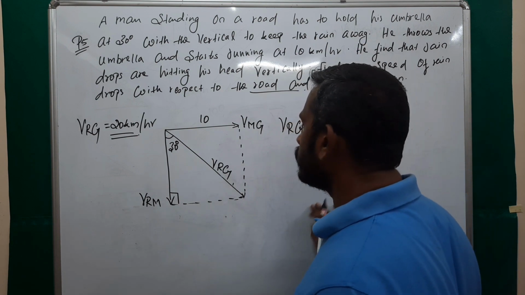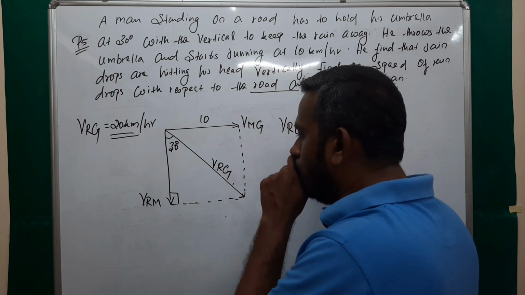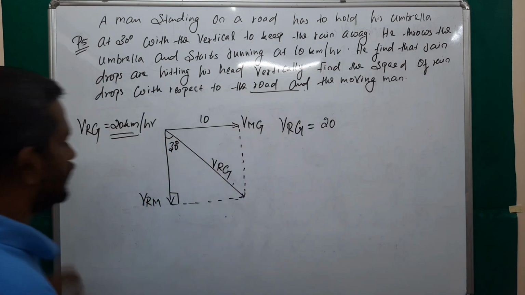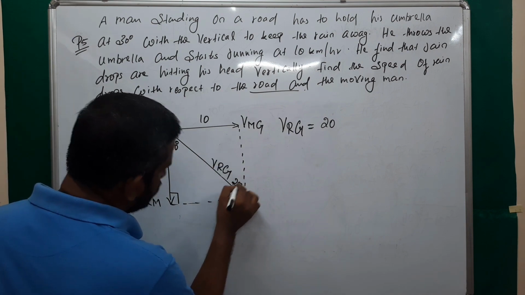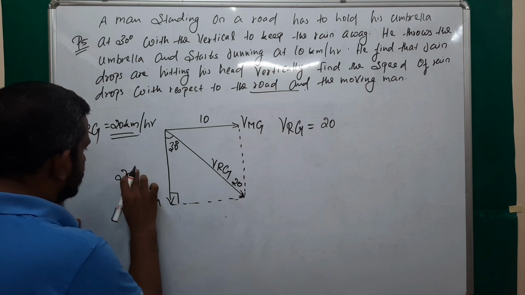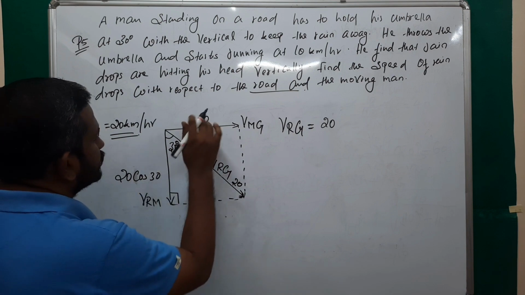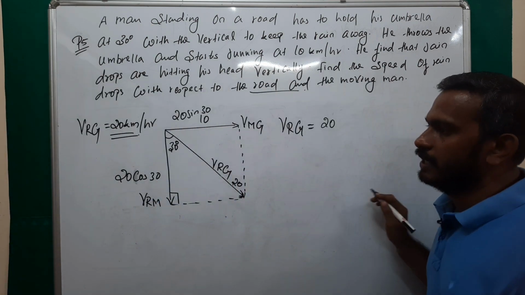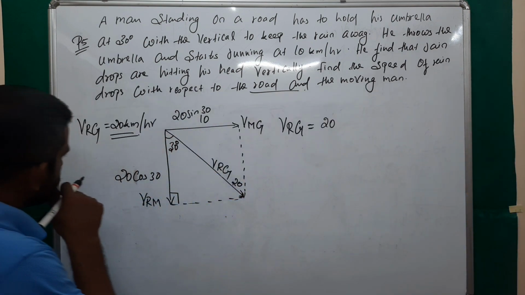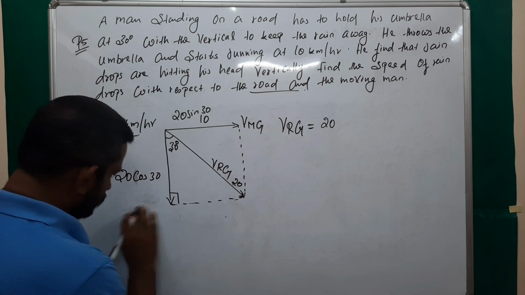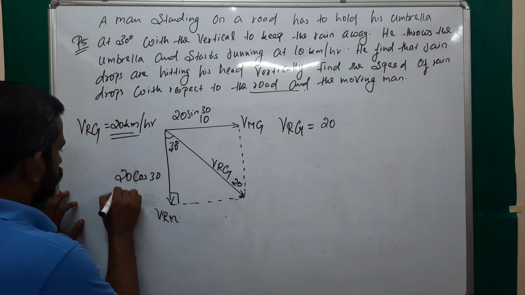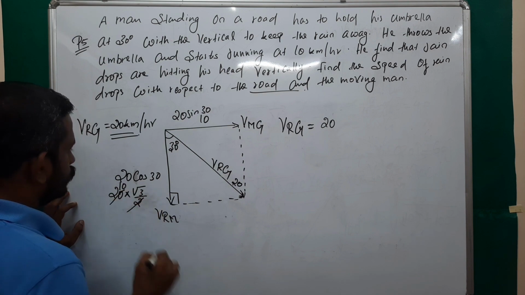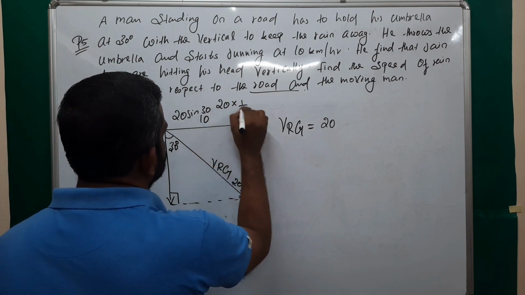Vrg is 20, so one component is 20 cos 30 and the other component is 20 sin 30. 20 into cos 30, that is root 3 by 2, gives 10 root 3. 20 sin 30 is 20 into 1 by 2, that is 10.